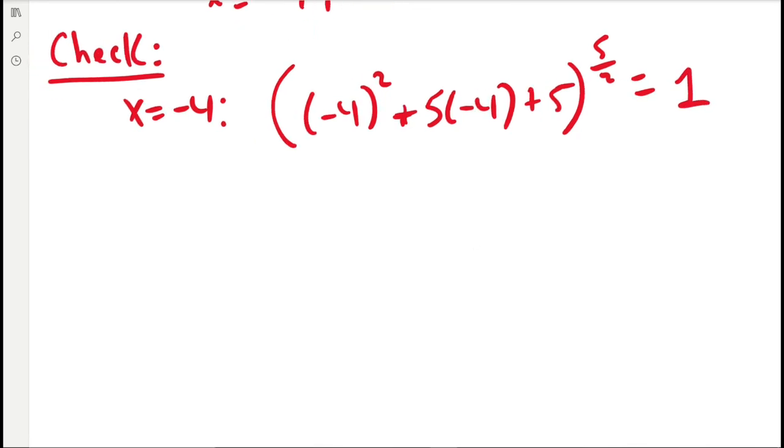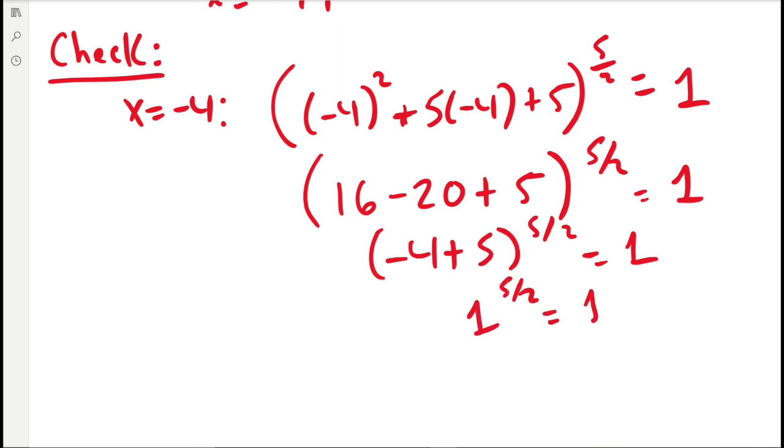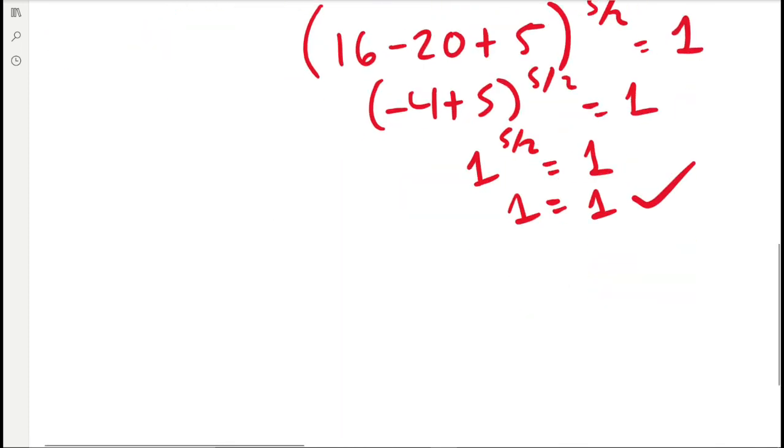All right, so if we plug that in, well, negative 4 squared is 16, so I get 16, and then I get minus 20 plus 5 raised to the 5 halves equals 1. So I get here negative 4 plus 5 raised to the 5 halves equals 1, and then I get 1 to the 5 halves equals 1, so 1 is equal to 1. So this checks out.